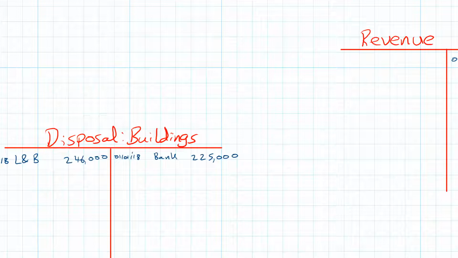So we actually made a loss of 21,000. So it's a P&L loss. Yep, spot on. So we are done with our disposal.